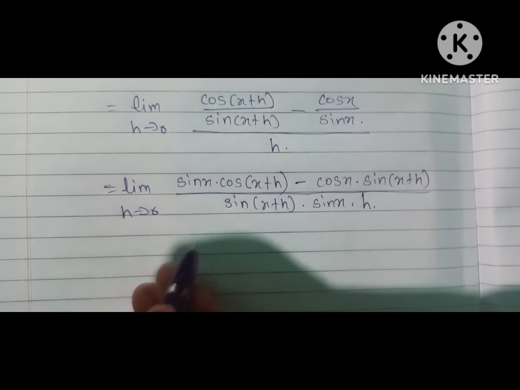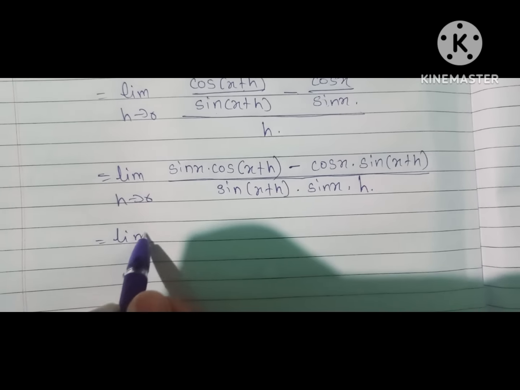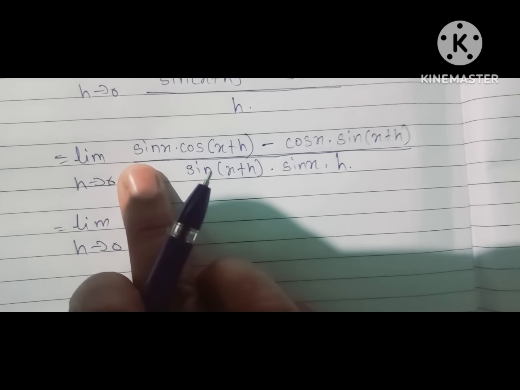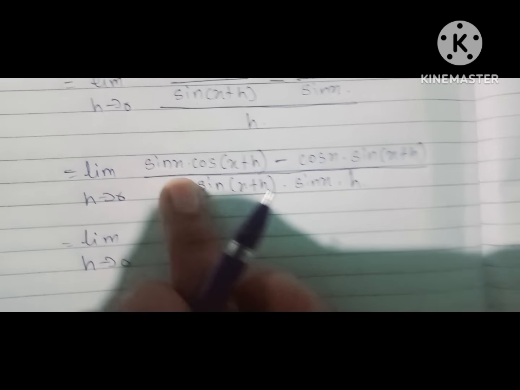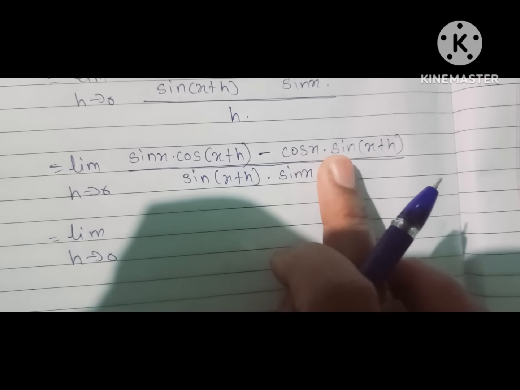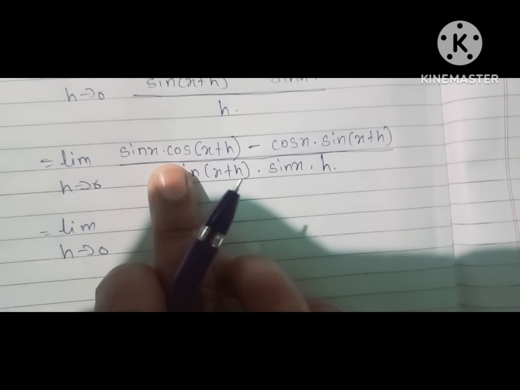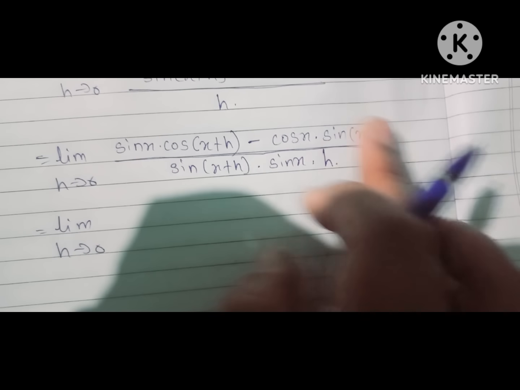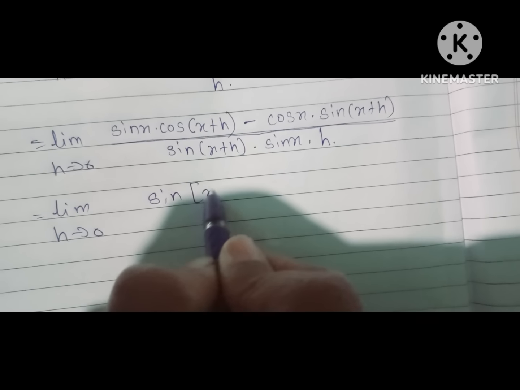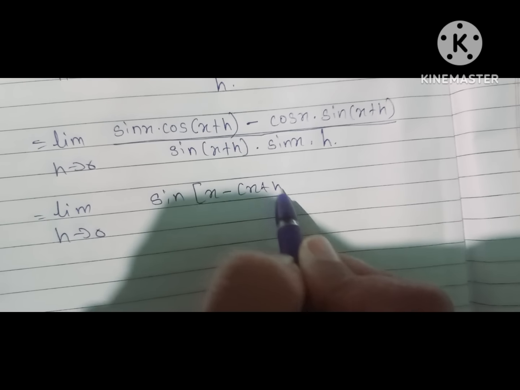Now if we observe these terms carefully, this is a form of sin a cos b minus cos a sin b. What is this formula, friends? This formula is of sin of a minus b.